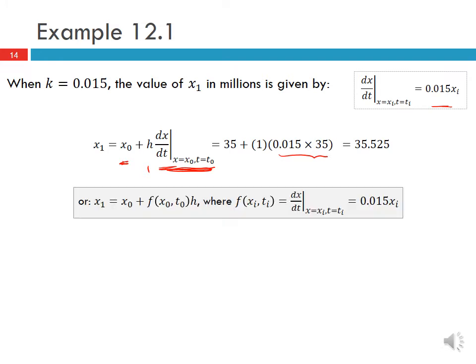We can also write this as x1 is equal to x0 plus h times f evaluated at x0 and t0, where f is just this dx by dt.